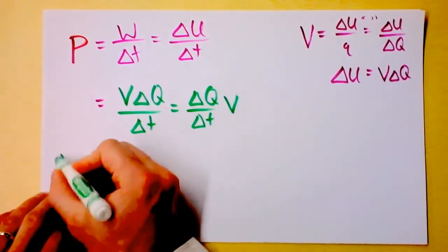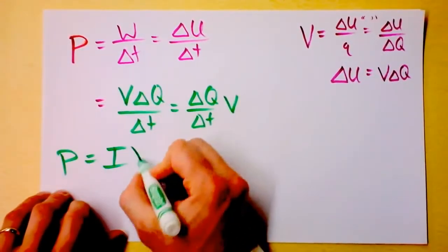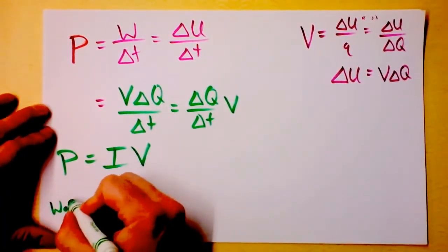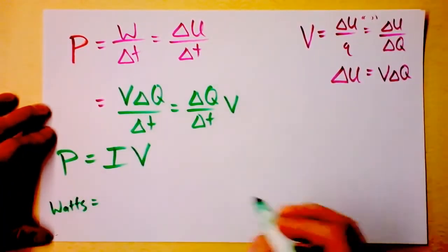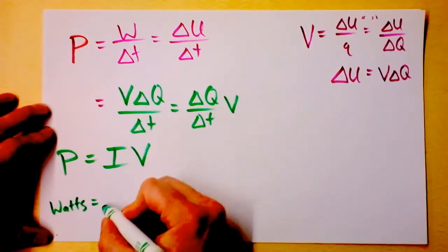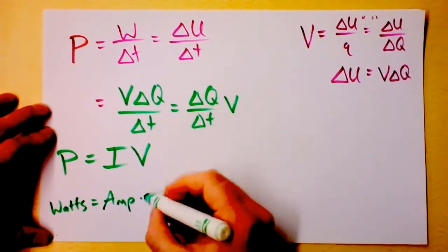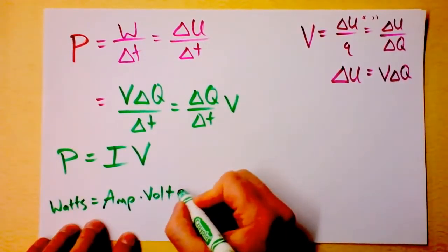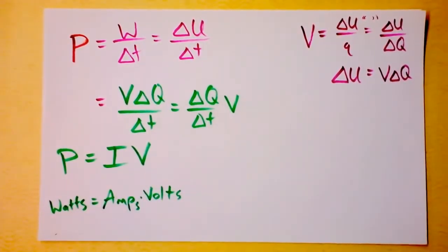So this says that power is current times voltage, and the units of power we know to be watts. So 1 watt is 1 amp times 1 volt. Watts is amps times volts.